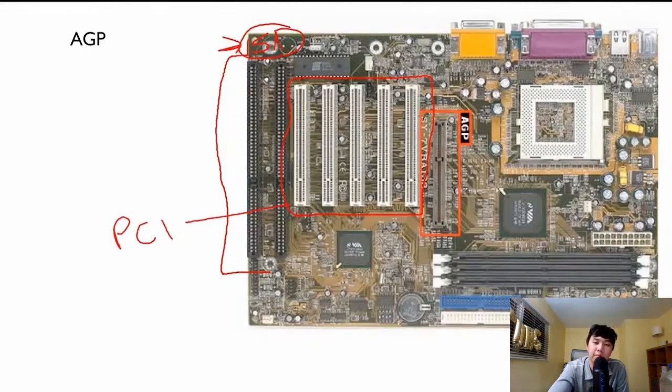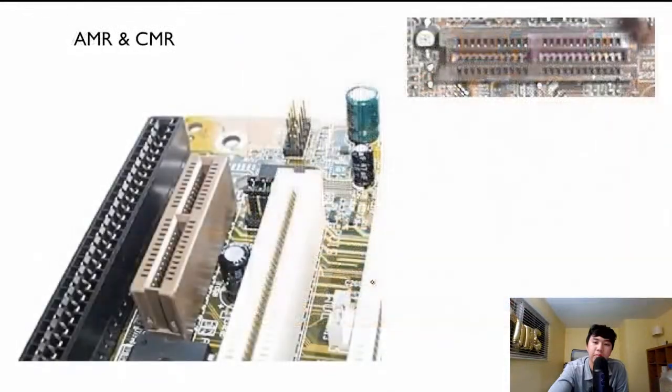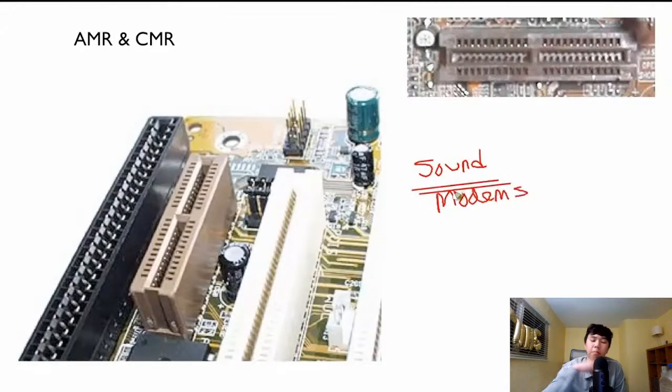All right, so the next one I just want to mention briefly, and you're not going to see it a lot, is this one, AMR and CMR. And these were specifically made to support sound cards and also modems. I don't know why those two, although we do see a lot of similarities in how they're created.